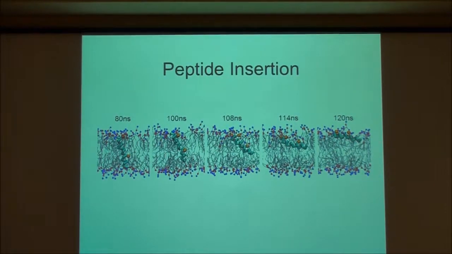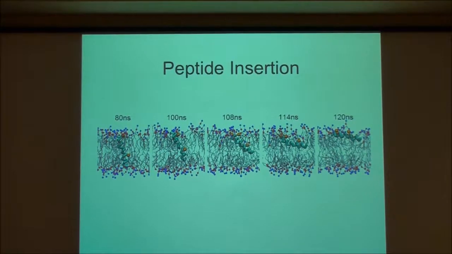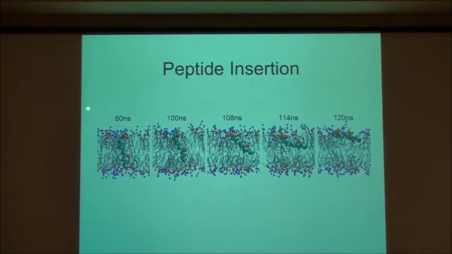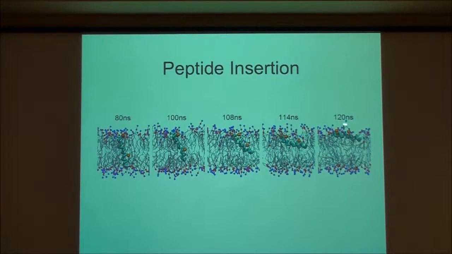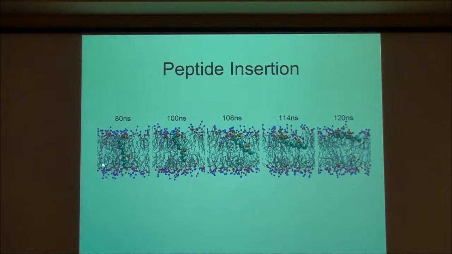So we can describe certain phenomena, for example, insertion of the helix into the membrane, which is very difficult to describe atomistically because it's a slow process. It is nicely captured in these simulations. Again, the time scale should be taken with a large grain of salt here, because if you do a 120 nanosecond atomistic simulation, you wouldn't see this transition.